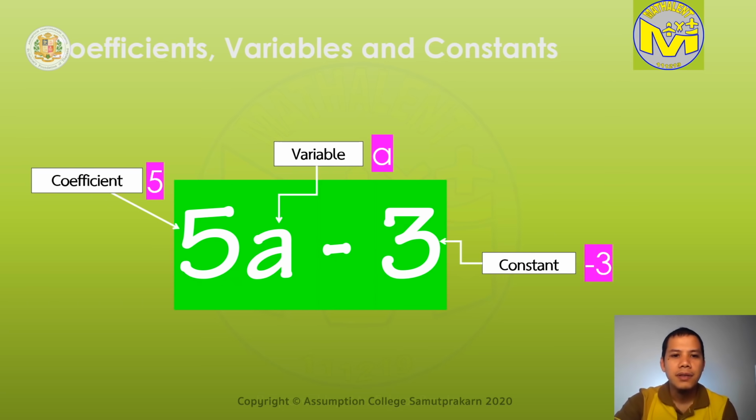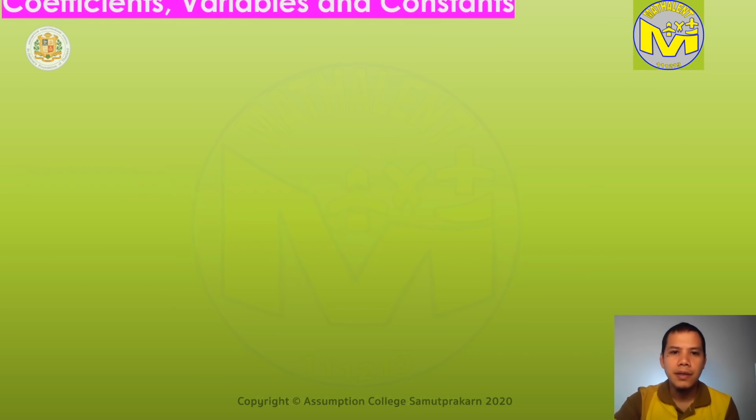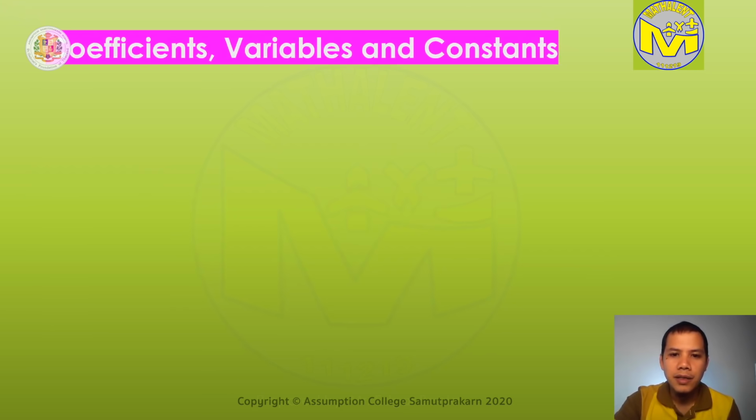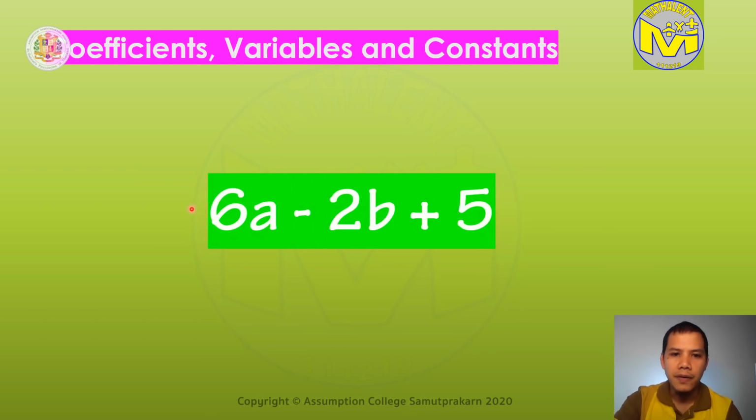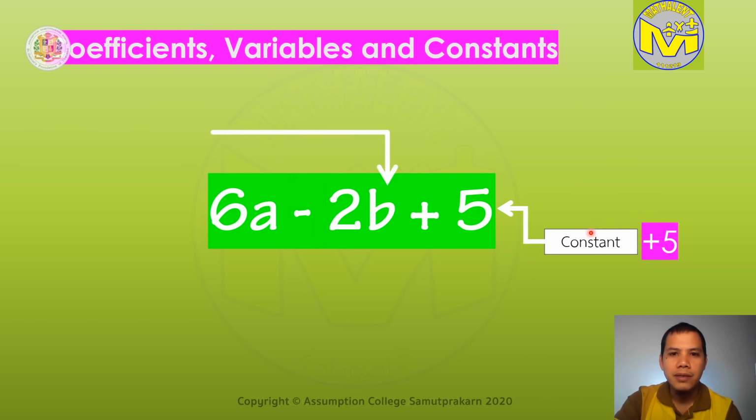Now, another example. Okay, another expression. Now let's identify the coefficients, variables, and constants. First, what is 5? 5 is a constant. What is b? Correct. b is a variable.